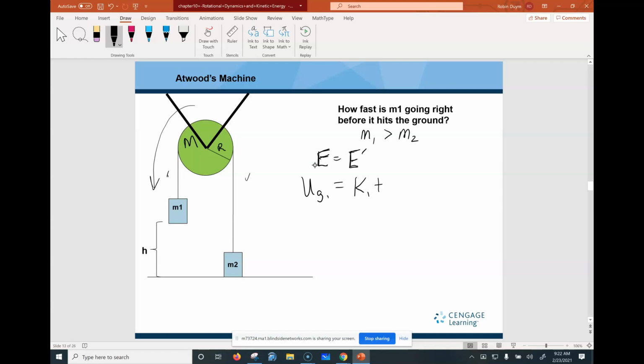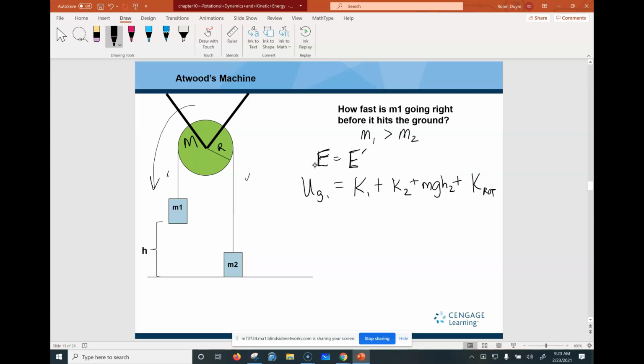So this guy's still going to have some kinetic. So there'll be kinetic energy from the second mass too. Awesome. Plus, yeah, the wheel's going to have some rotational. So now we know what we're looking for.